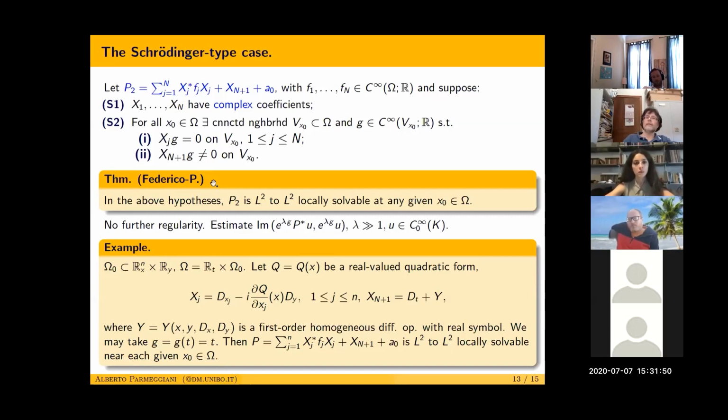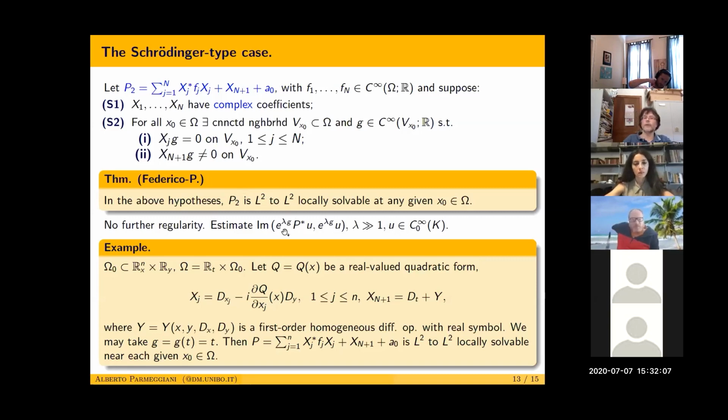So in this case, we still have solvability regardless of the zero set of the fj. But we have L2 to L2 local solvability. The point is that considering the energy as before is really not giving you very much.